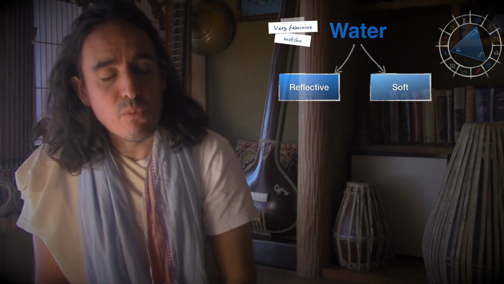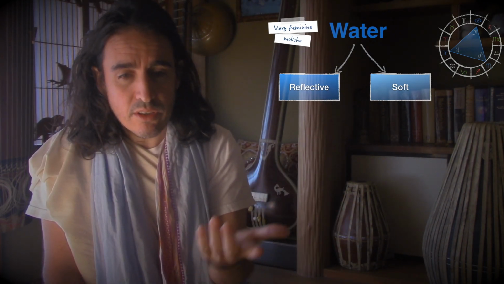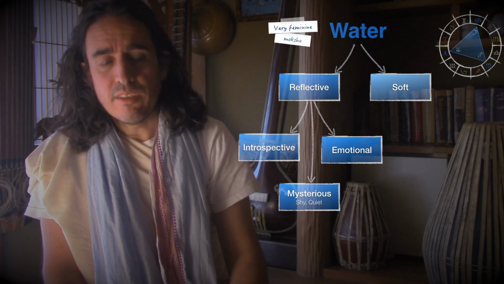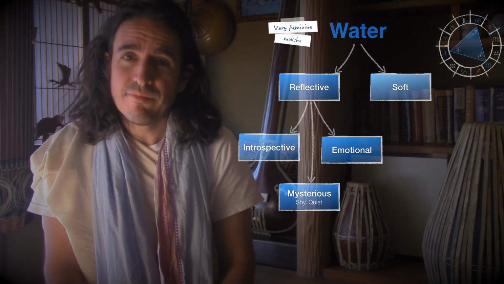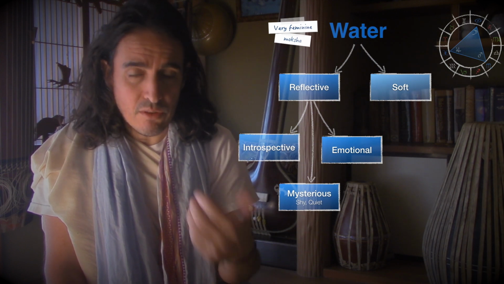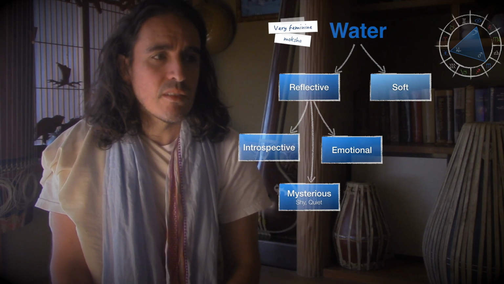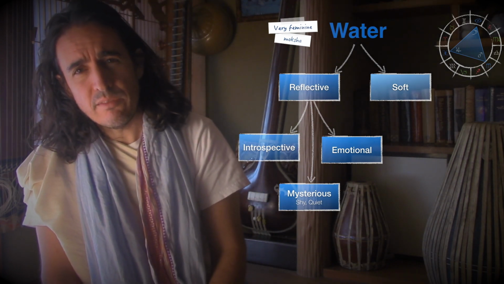So the fact that water is very reflective, it's nature's mirror. You go look into the water and you can usually see a reflection of yourself. So this fact gives water three symbolic traits. It's introspective. That's one thing that reflective means. You look at yourself. You look into yourself or you look at yourself. So water is introspective.